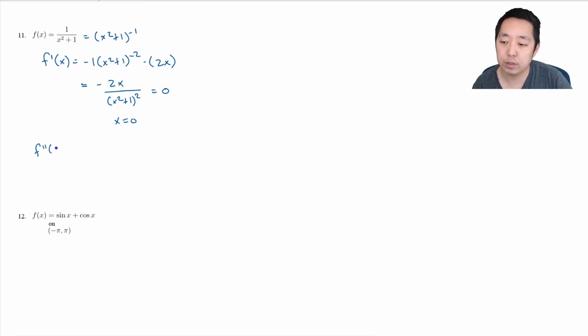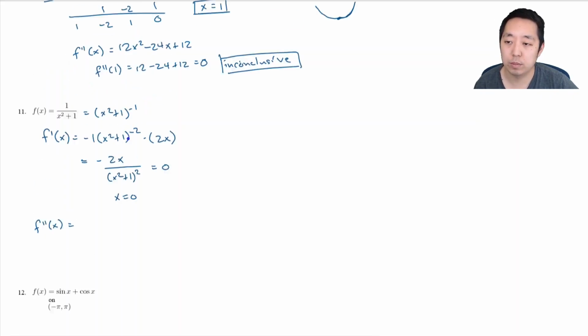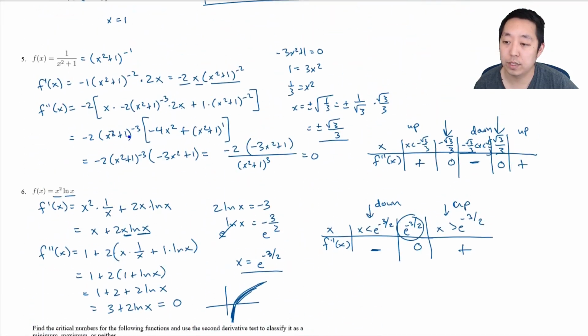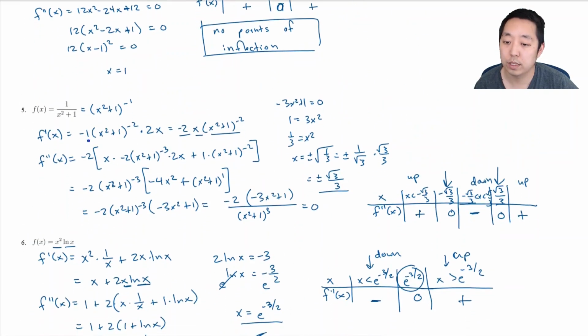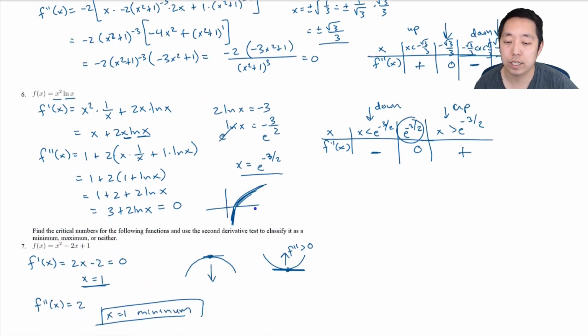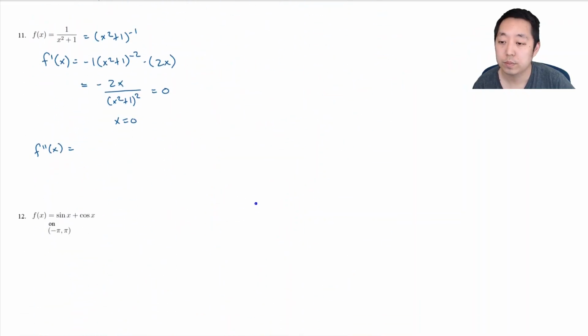And then for the second derivative, I'm not going to redo this because I already did the calculation before. I'm going to scroll up to see what we did for this because we repeated this problem right here. The second derivative was this equation right here, right? Negative 2 times negative 3x squared plus 1 divided by (x squared plus 1) cubed.